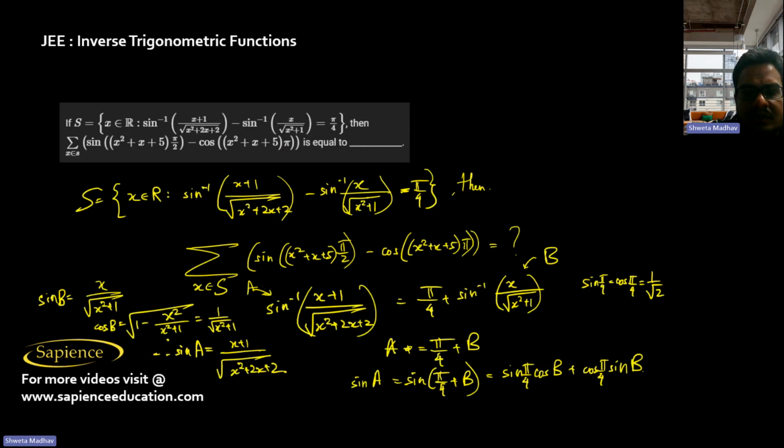But then sine inverse 3 by root 10. So this will be sine inverse 3 by root 10.